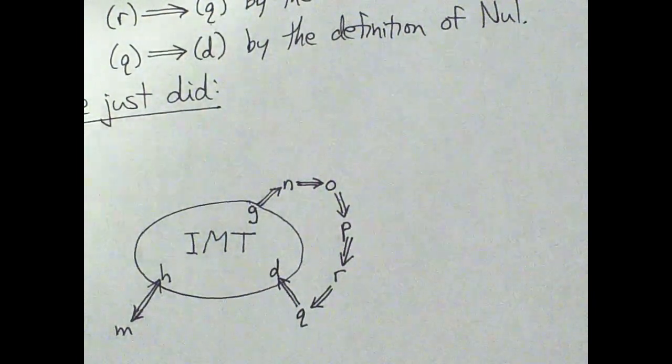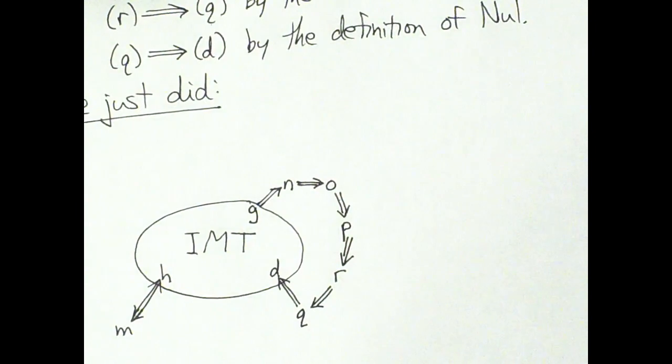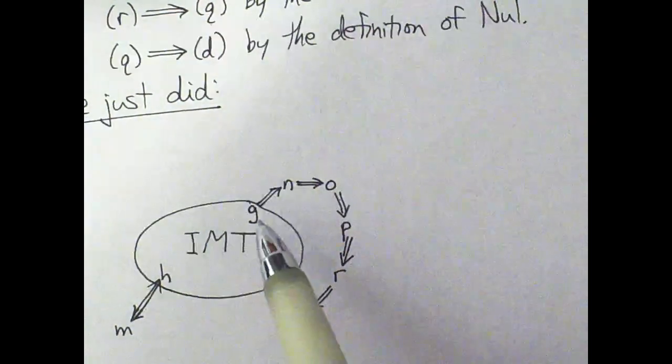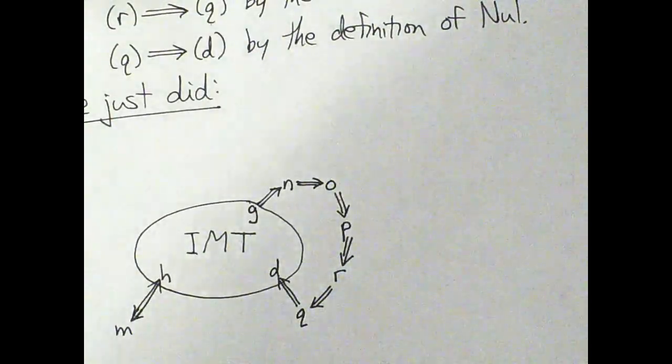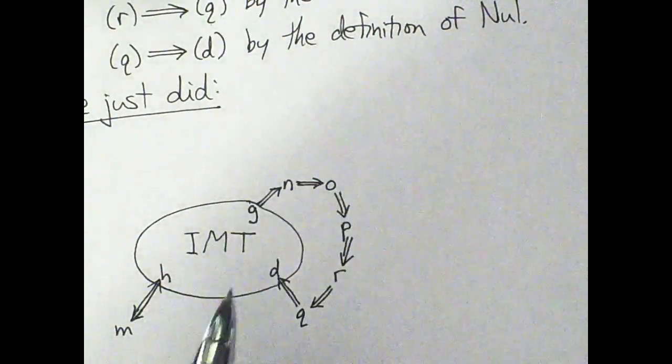That's a cool little loop that we made, and we closed the loop. So now everything in the original IMT was equivalent to each other, and now we have this loop as well.